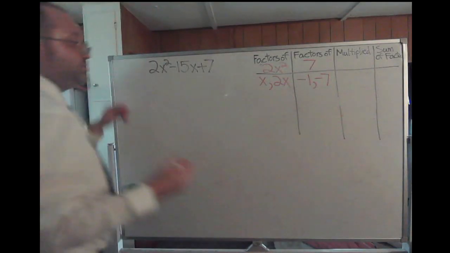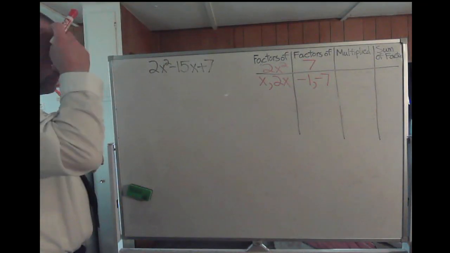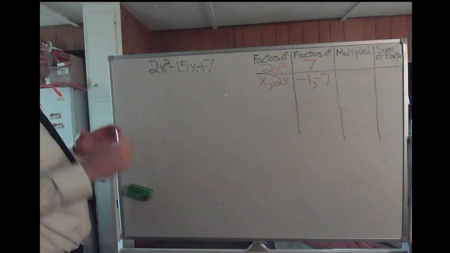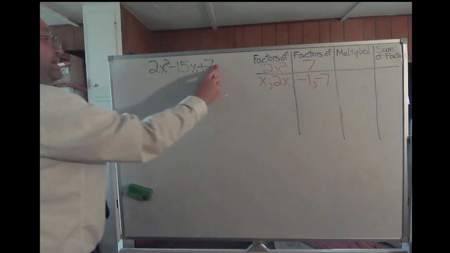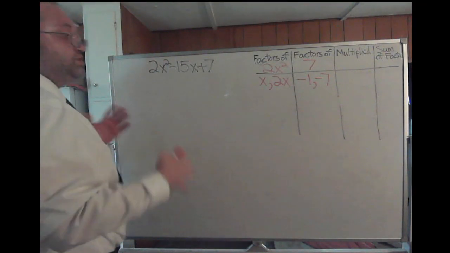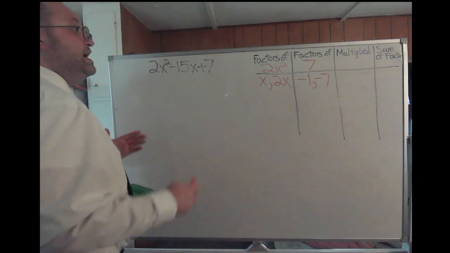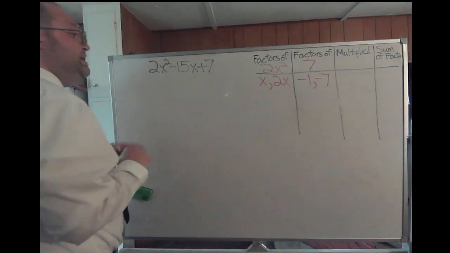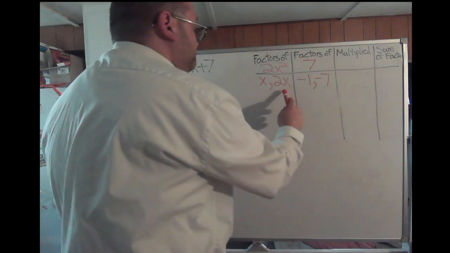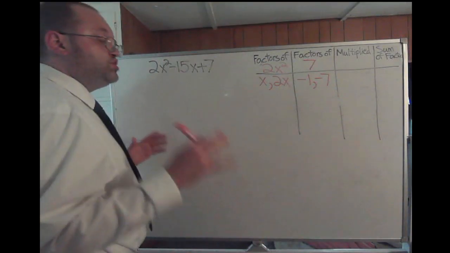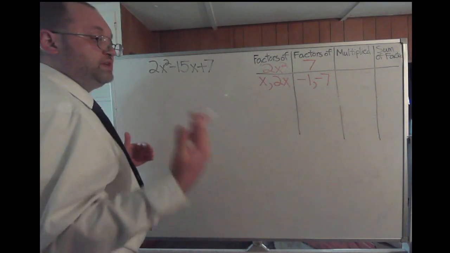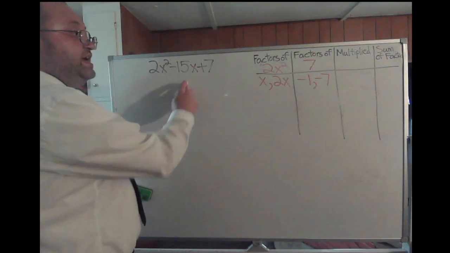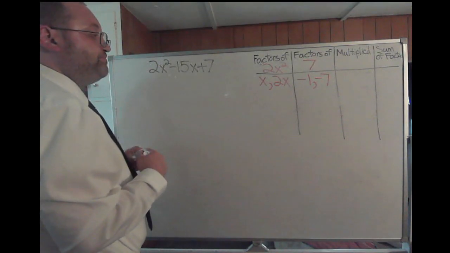Those are factors we can use, because if you multiply -1 times -7, you get positive 7 for your constant term. So far this is checking out. Now, we need to multiply these two sets of factors in such a way that when you add the sum of the multiplication, you get the middle term of -15x.